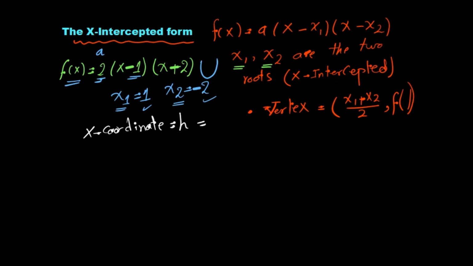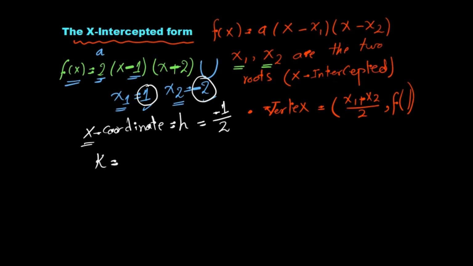How to get h? (x1 + x2) divided by 2: 1 plus -2 equals -1, divided by 2. This is the x coordinate of the vertex, this is h.